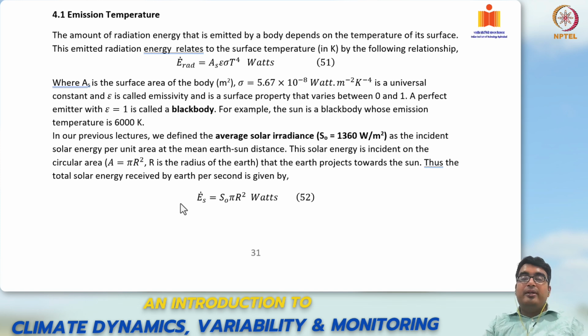Thus, the total solar energy received by Earth per second is given by E dot S equals S0, which is 1360 watt per meter square, times the circular projected area, which is pi r square watts.